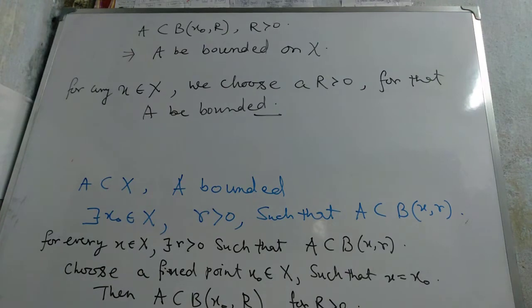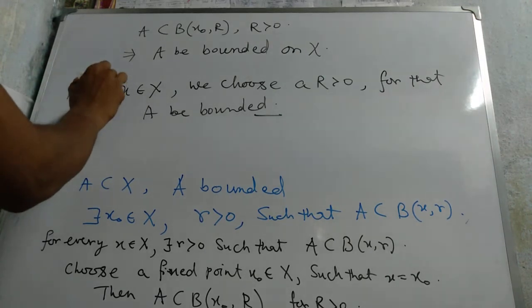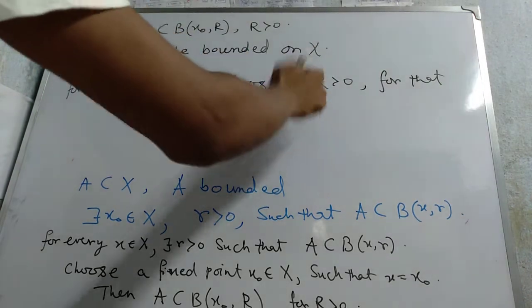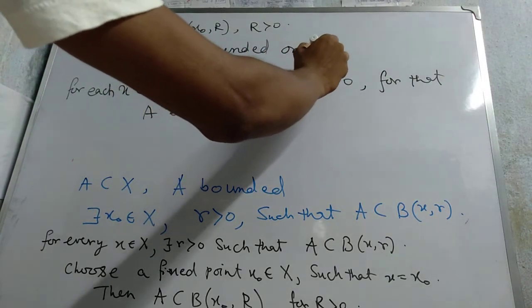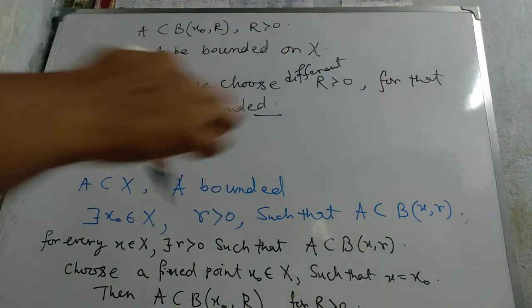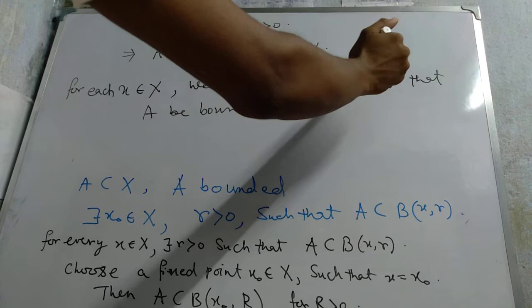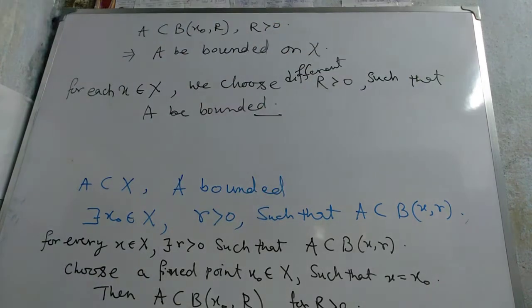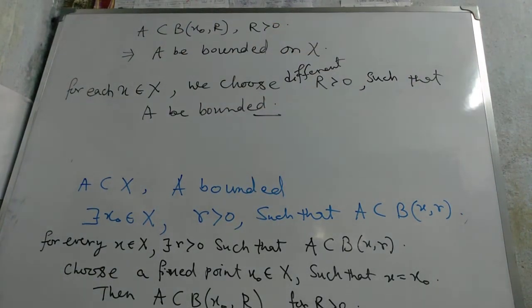So for each x we choose a different r greater than 0, such that this holds. Okay, A is bounded. So we also do this problem.